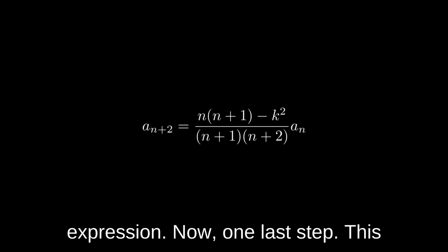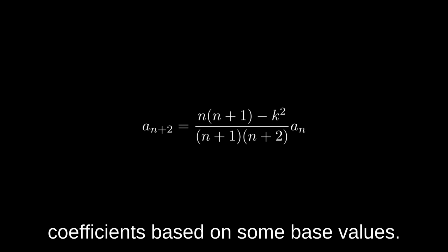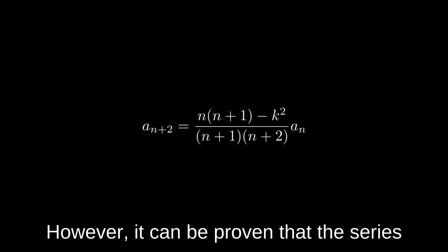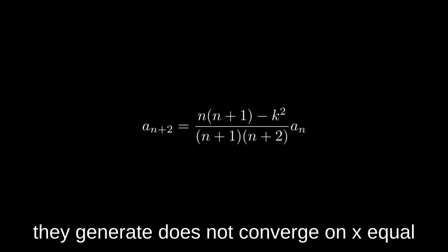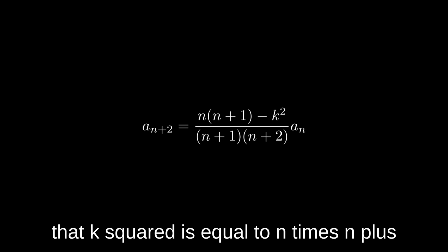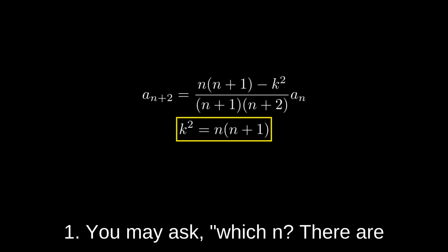Now, one last step. This expression generates an infinite amount of coefficients, based on some base values. However, it can be proven that the series they generate does not converge on x equal to 1. So we'll truncate them and say that k squared is equal to n times n plus 1.